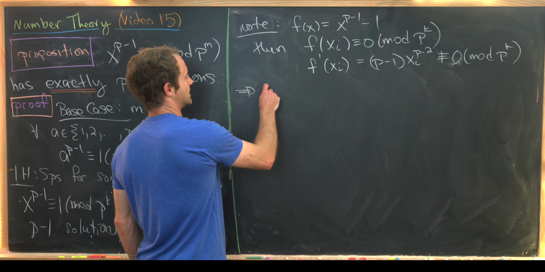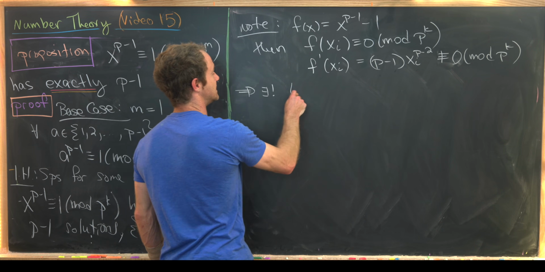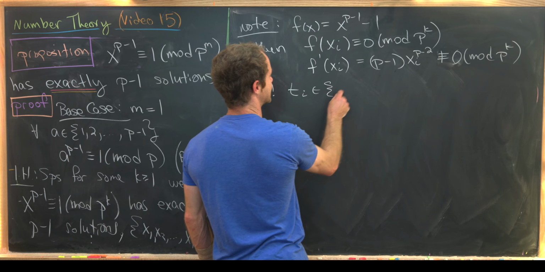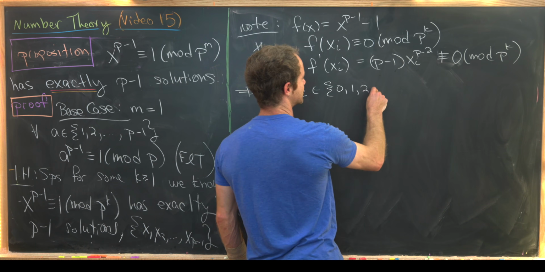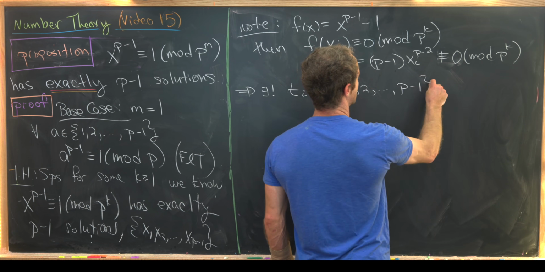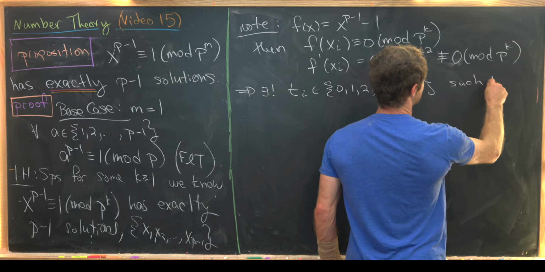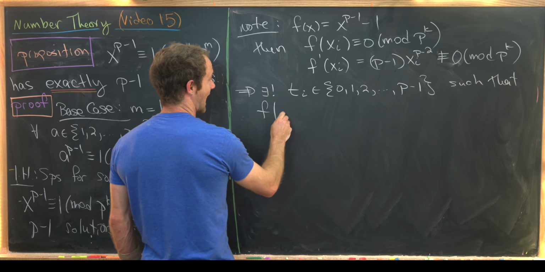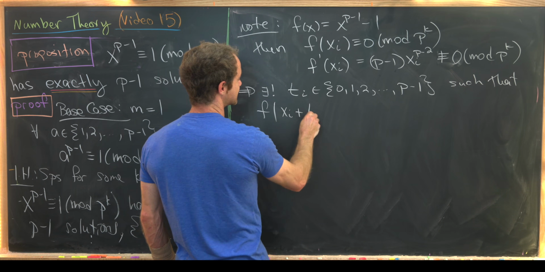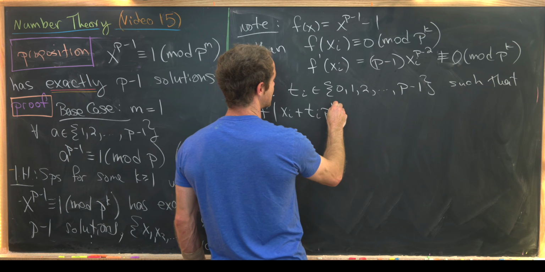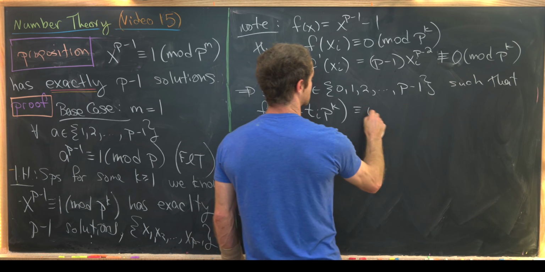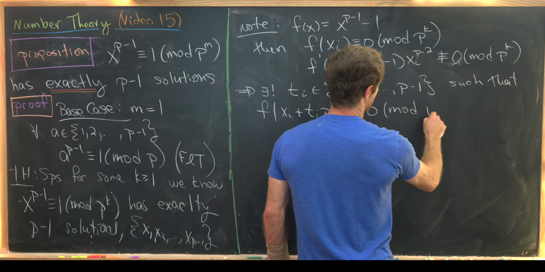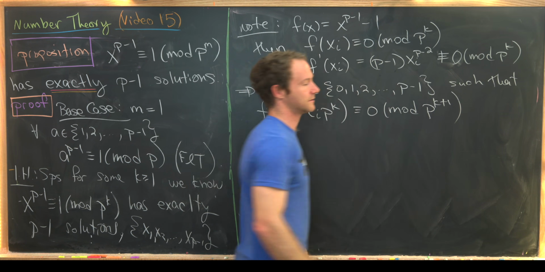So Hensel's Lemma will imply that there exists a unique, I'll call it ti, it's going to come from the set 0, 1, 2, up to p minus 1, such that we know f evaluated at xi plus ti times p to the k is congruent to 0 mod p to the k plus 1.